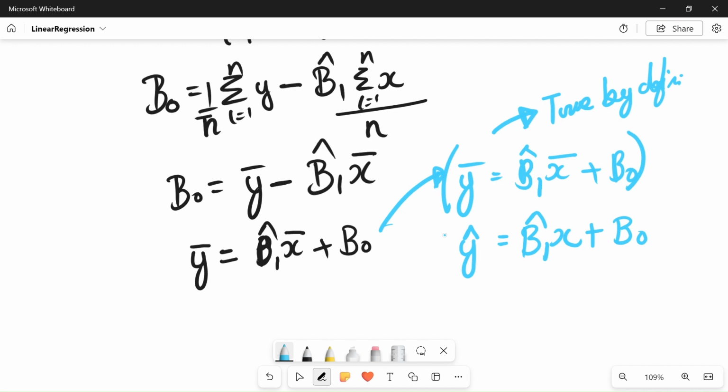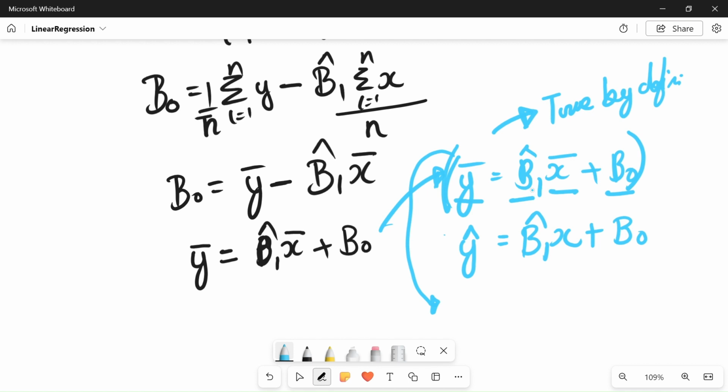This particular equation tells you that for whatever values of beta naught and beta 1 you get, this condition will always be true, and the condition it specifies is that the line will always pass through the point x bar and y bar. No matter what values of beta naught and beta 1 you put in, this equation will always be satisfied.